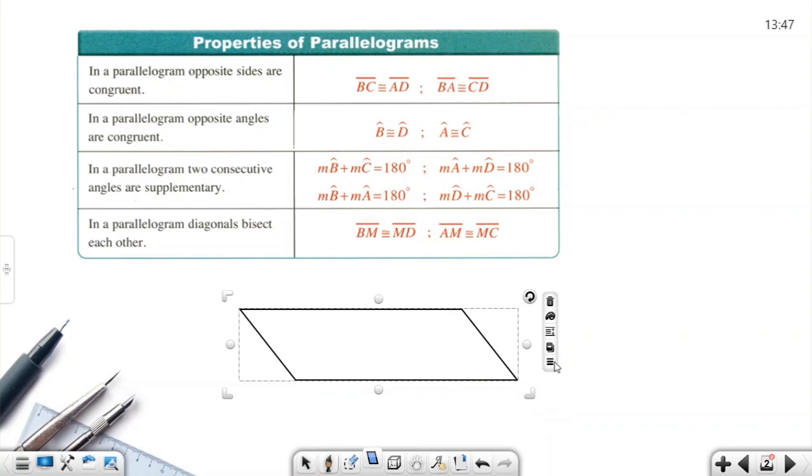There are some properties of a parallelogram. Let's draw a parallelogram here. That's good. Let's lock it.